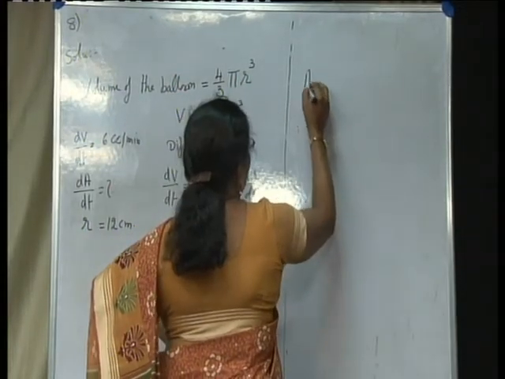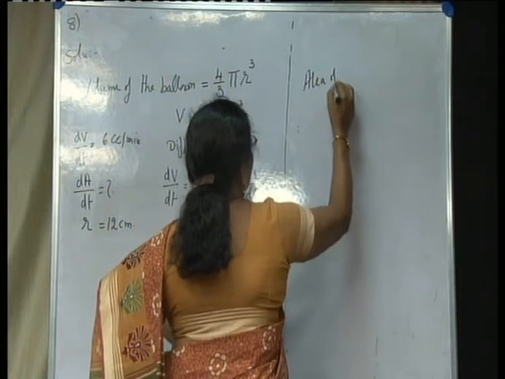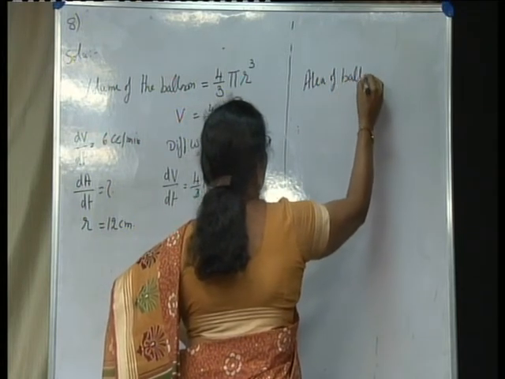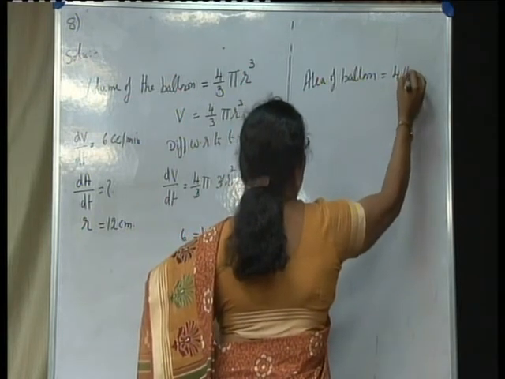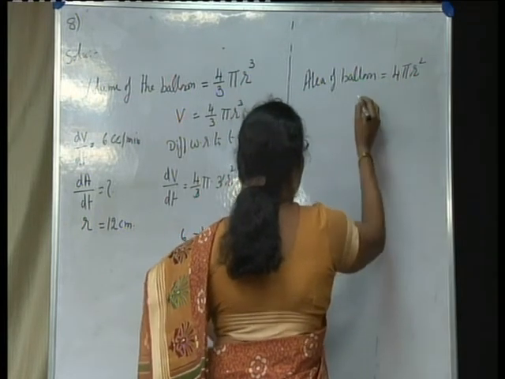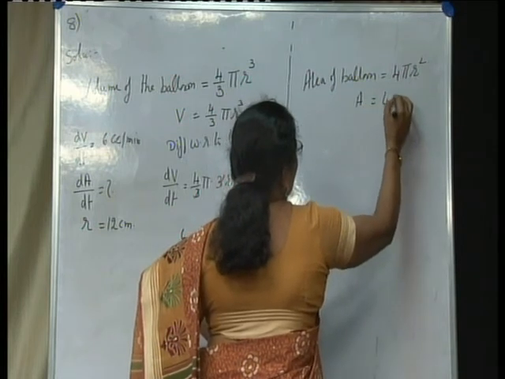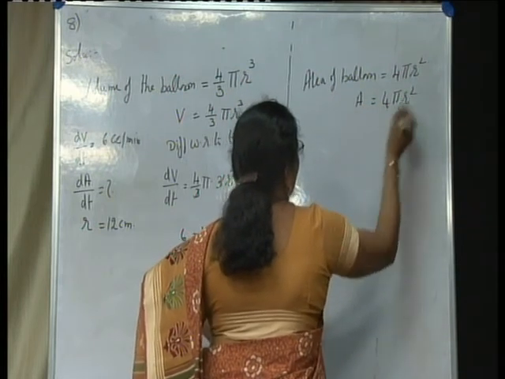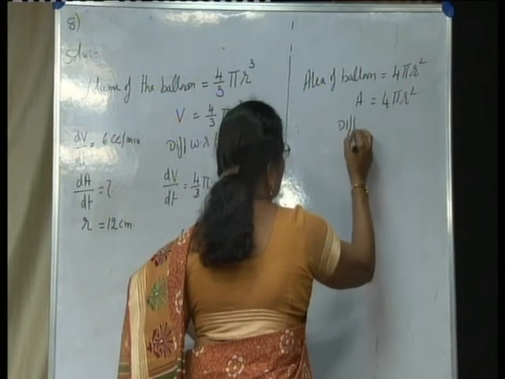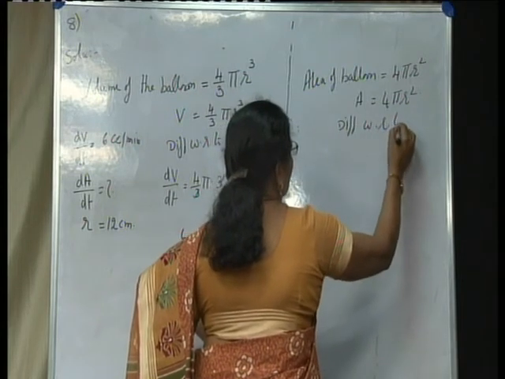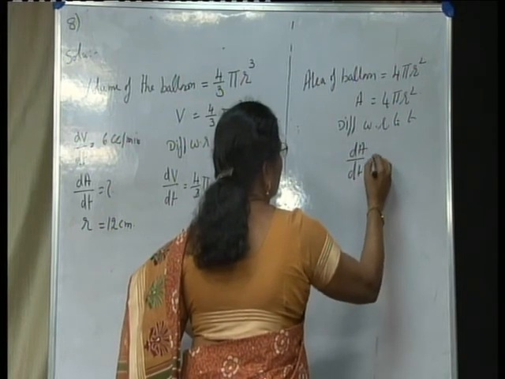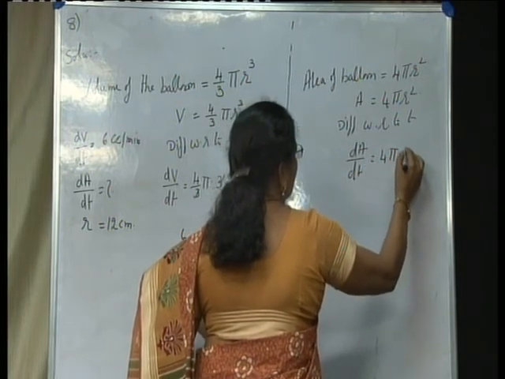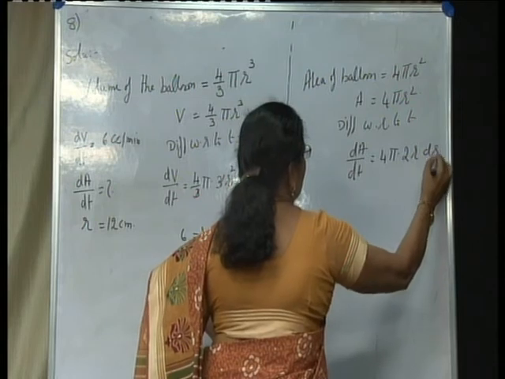The last bit, area of the balloon is 4 pi r square, this is just like a sphere. Area is equal to 4 pi r squared, differentiate with respect to t: dA by dt is 4 pi 2r dr by dt.